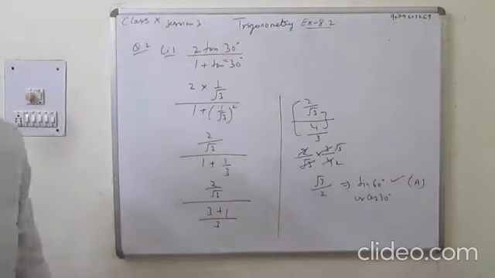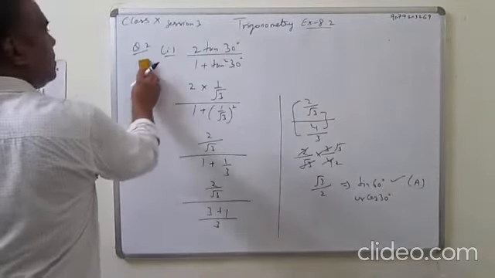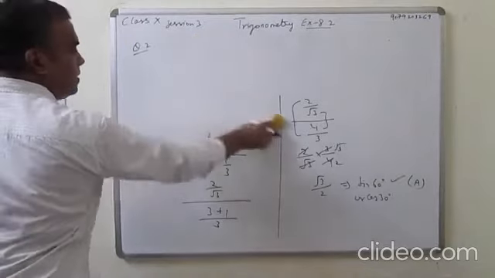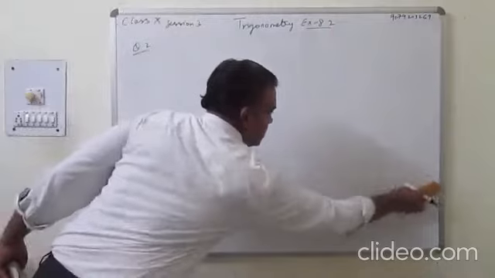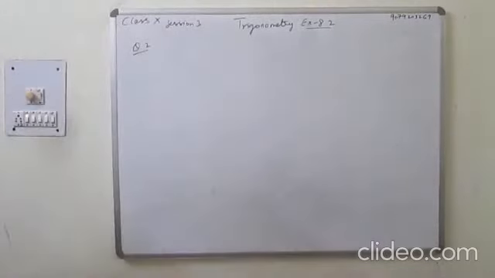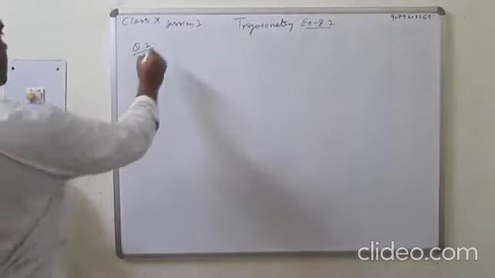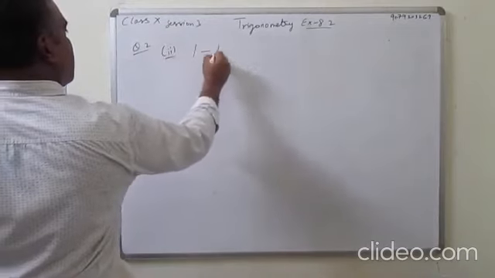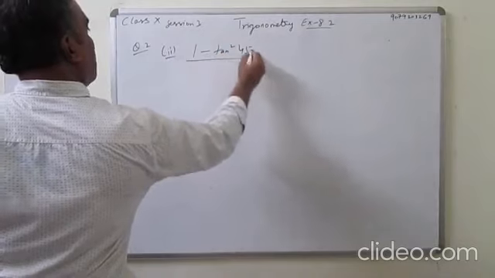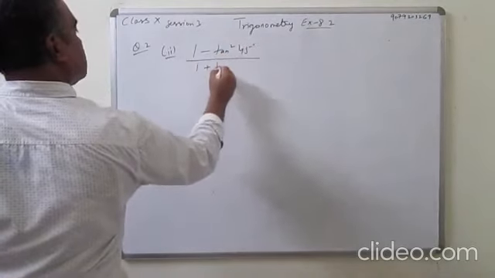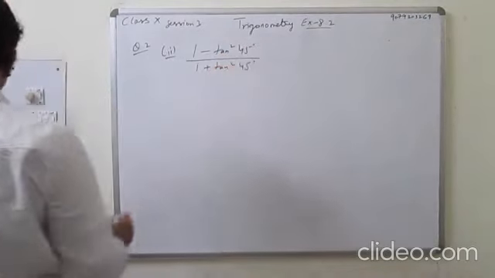Now I will take another part. Second part: 1 minus tan square 45 upon 1 plus tan square 45.